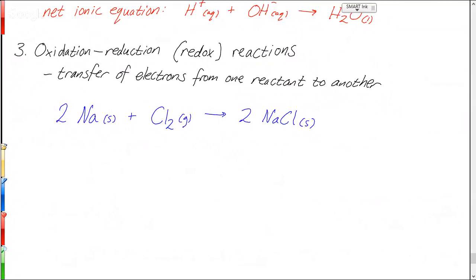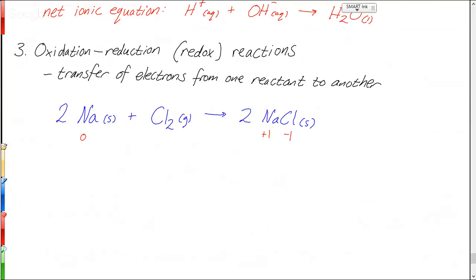Now, oxidation state isn't the same thing as charge, but for ions it is. So we know in sodium chloride, what's the charge on sodium? Yeah, sodium's +1, and what's chlorine? -1. What's the charge on sodium when it's just sodium metal by itself? Yeah, 0. Any element all by itself has an oxidation state or a charge of 0.